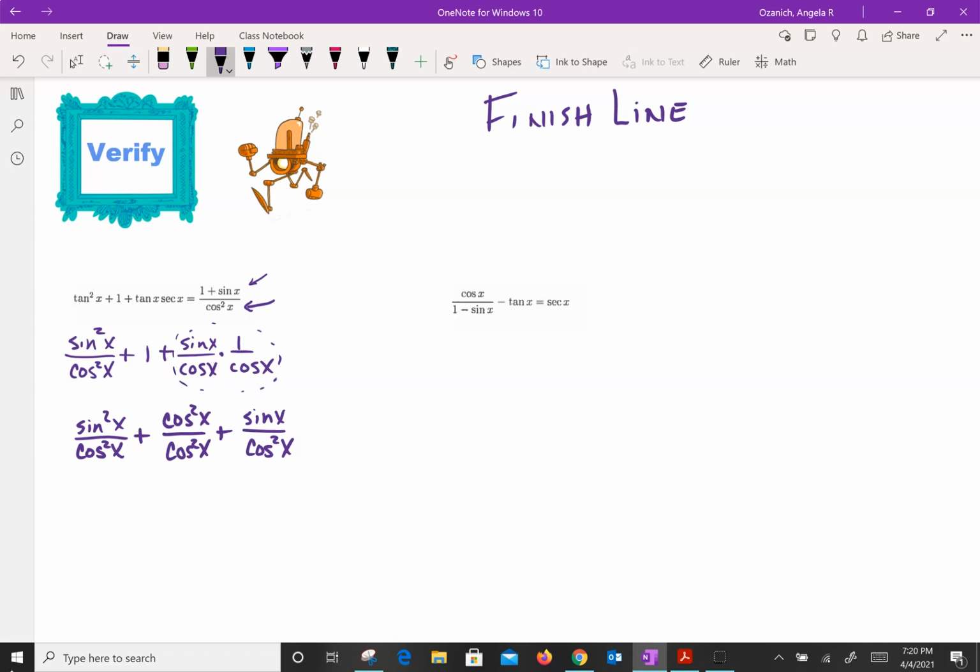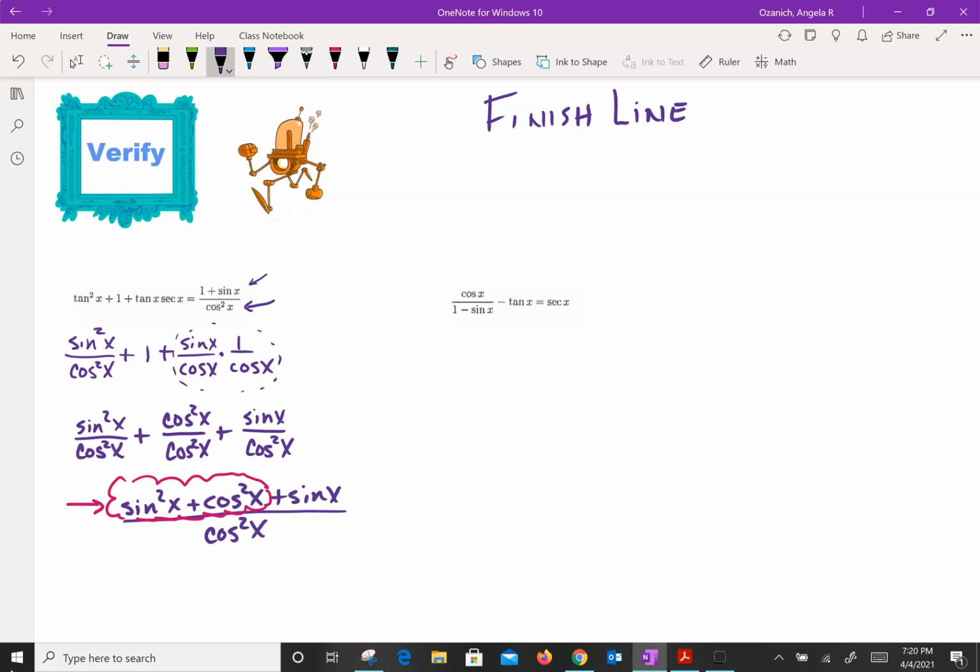Okay, so let's see what we have on the top. On the top we have sine squared of x plus cosine squared of x plus sine of x all over cosine squared of x. Now, this is the part where you should be recognizing that sine squared of x plus cosine squared of x, that super duper little identity right there, can be replaced with a 1.